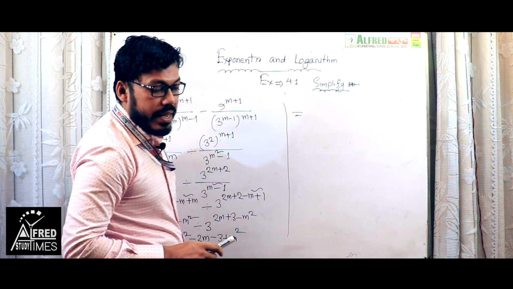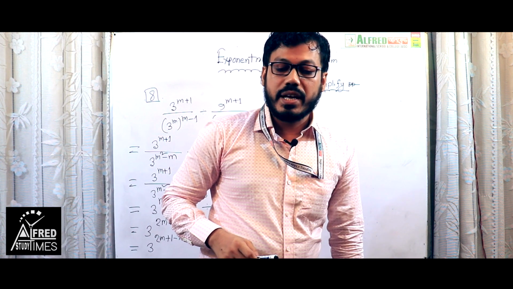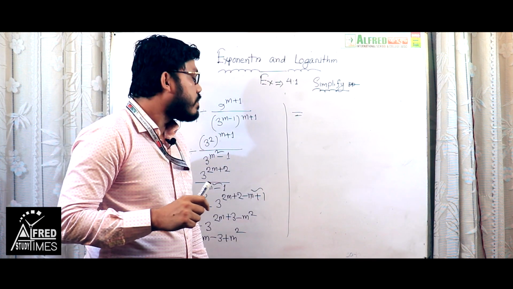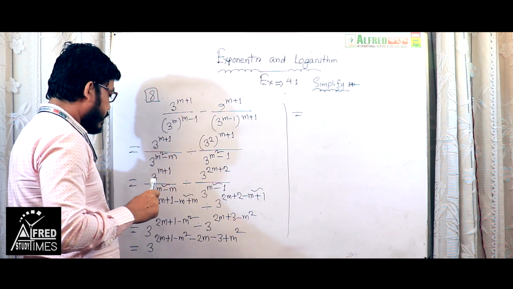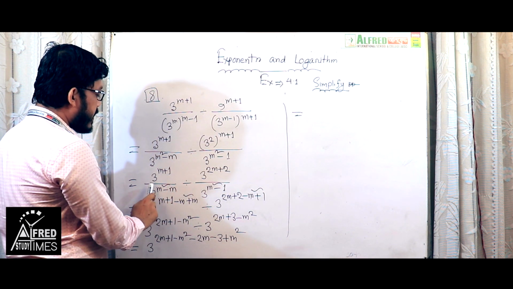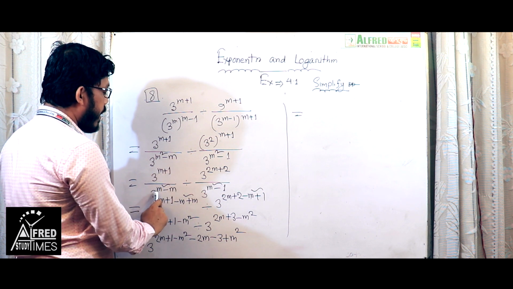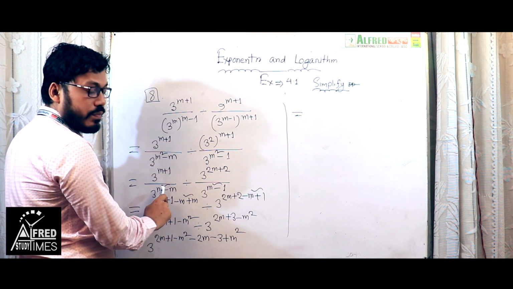If we get same base with multiply sign, we need to add the power of the two bases. So 3 and 3 are same base with different power. M plus 1 and m square minus m are their power.